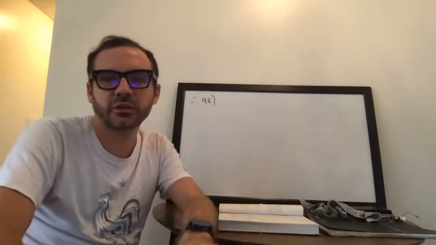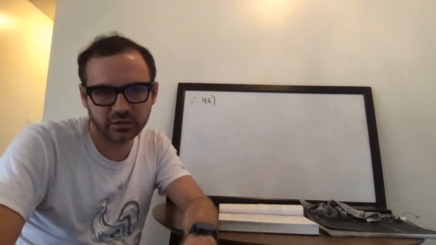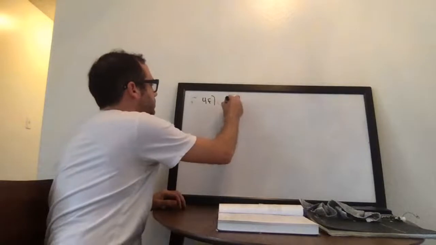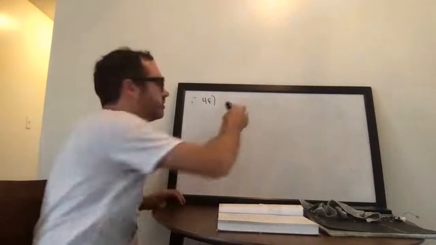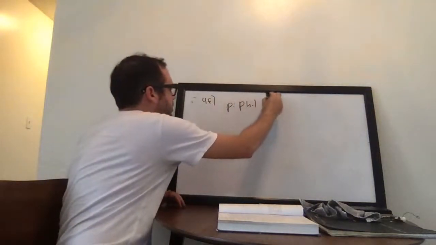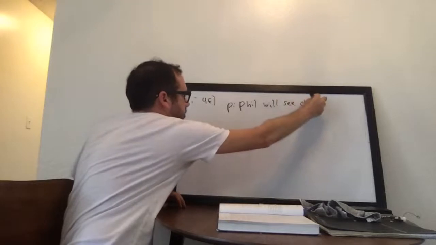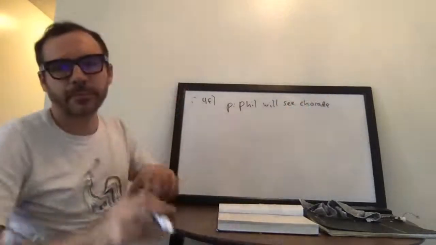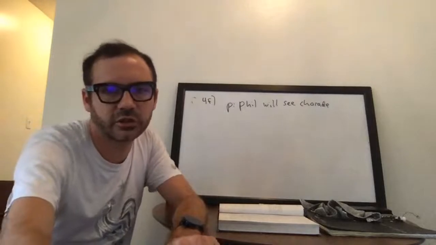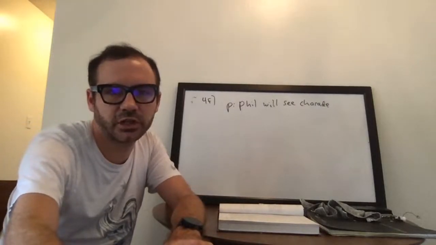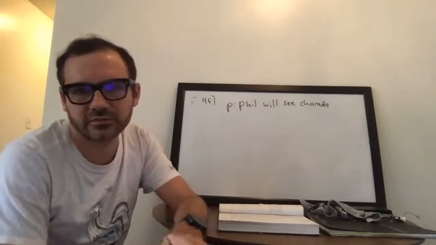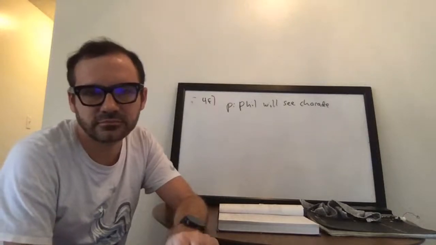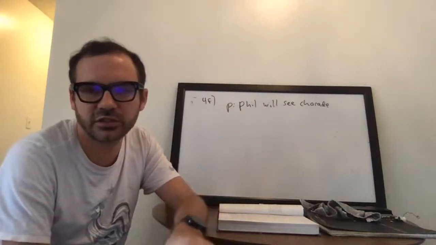What do you think when it comes to letter F? P, Phil will see Charade. Okay, that's good. Okay, and also we need some more stuff because there's this information about Audrey Hepburn and Cary Grant being in the movie. So what's next? More sentence letters, you get the symbolization key finished, and then we can quickly translate this one.